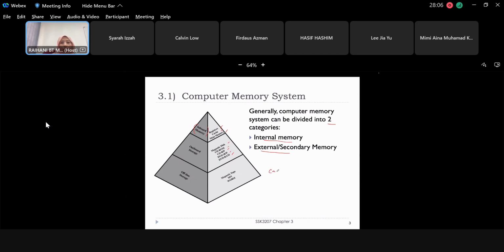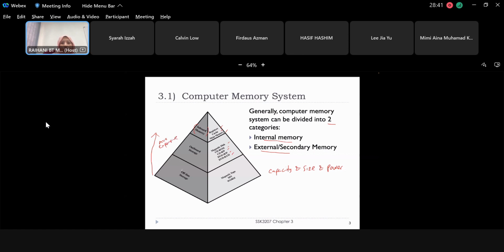In terms of capacity, size and also power, how powerful is your memory? The higher you go, the more capacity, more size, and also more expensive in terms of cost.